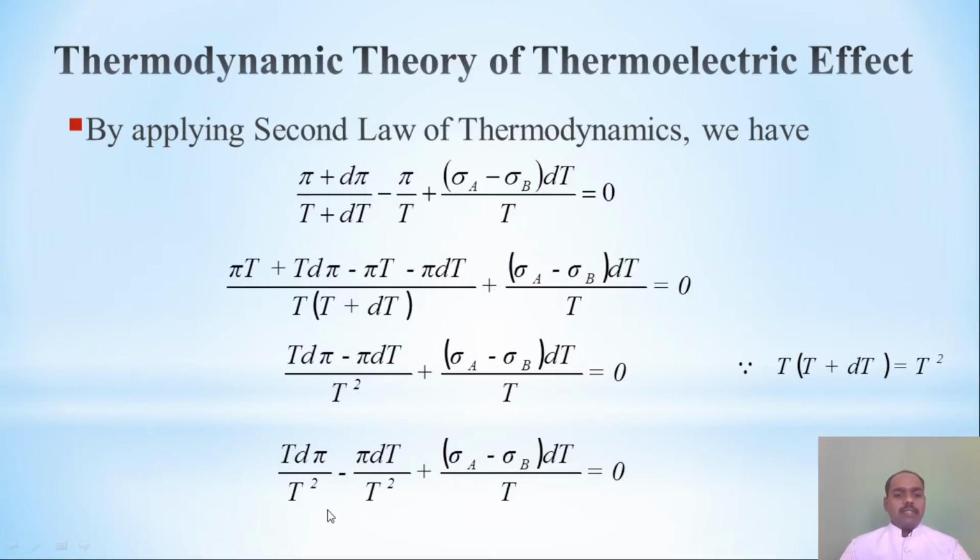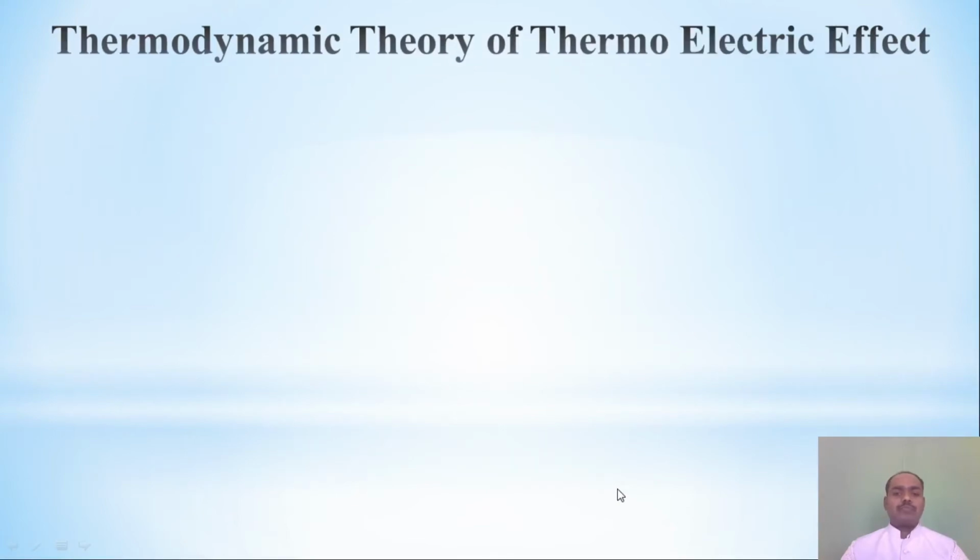If you multiply this whole equation by T, the T square by T square gets cancelled. We are left with d pi minus pi dT by T, and T T gets cancelled, so we are left with the (sigma A minus sigma B) into dT. It is equal to 0.